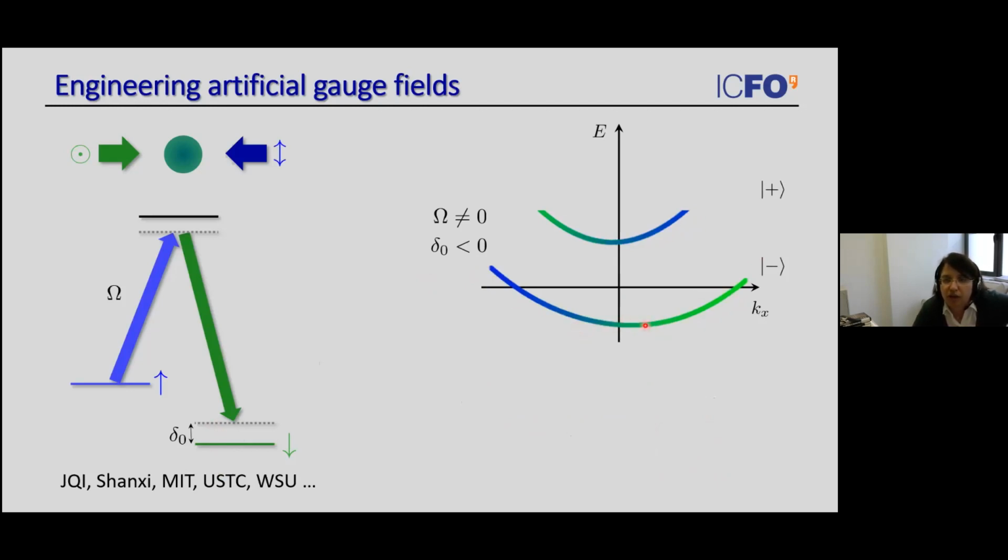And close to this minimum, we can see this system as if it was subjected to a vector potential, A_0, which has a magnitude proportional to this two-photon detuning, delta_0, and which is static. So that's how you engineer vector potentials with this optical coupling. No? But this is a fully static vector potential, so it's really a classical gauge field.